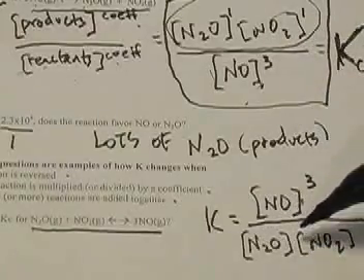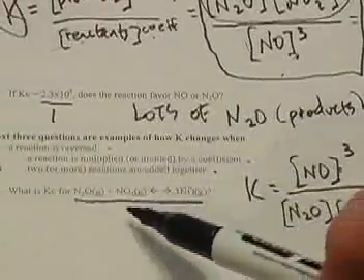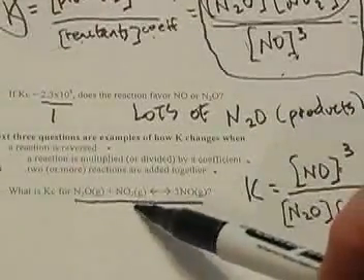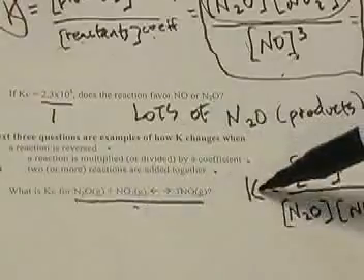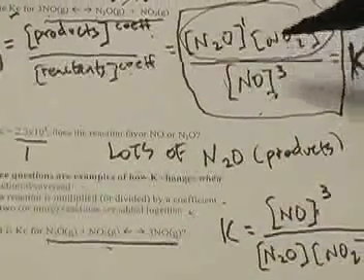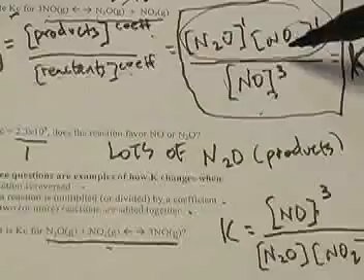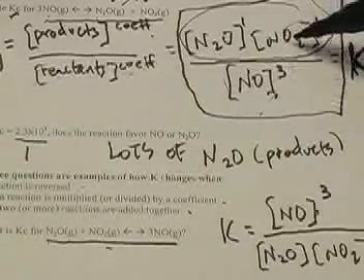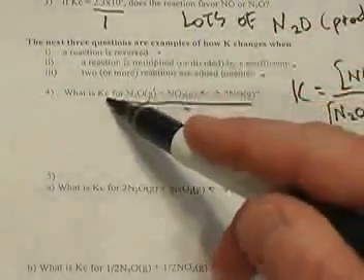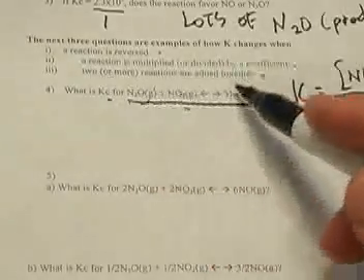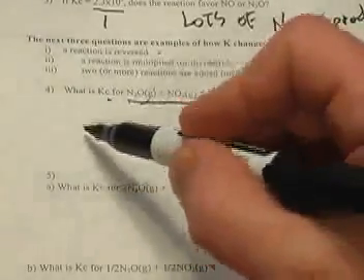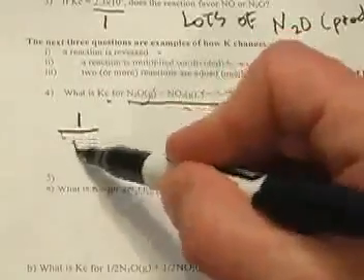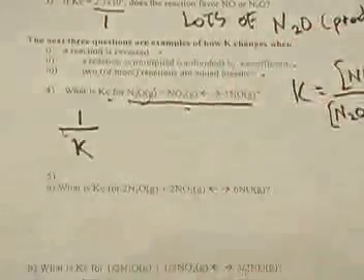In other words, the equilibrium constant of the reverse of the reaction is merely the reciprocal or the inverse of the equilibrium constant of the other direction. So when it asks what is K sub C, or what is the equilibrium constant, for the reverse of a reaction, all you need to know is that it is 1 over the equilibrium constant of the other direction reaction.